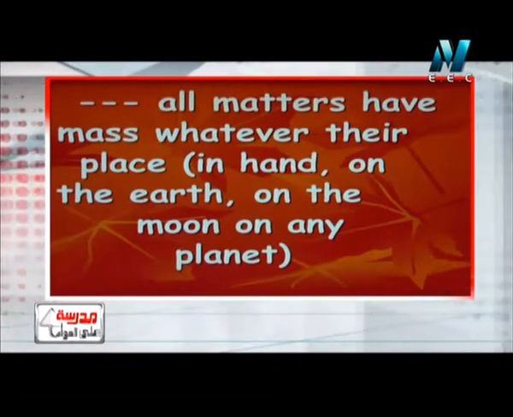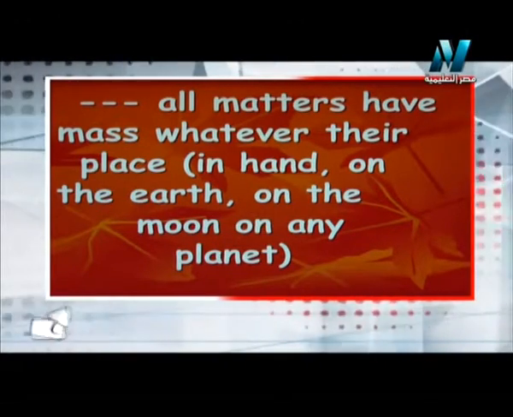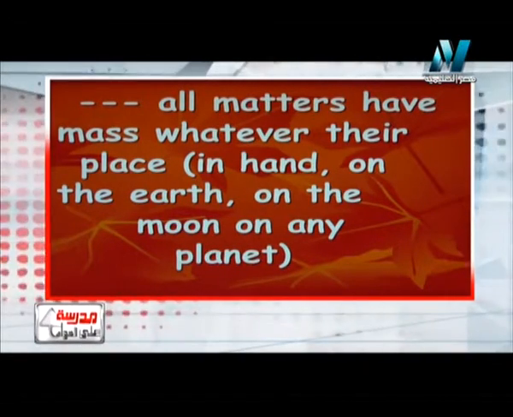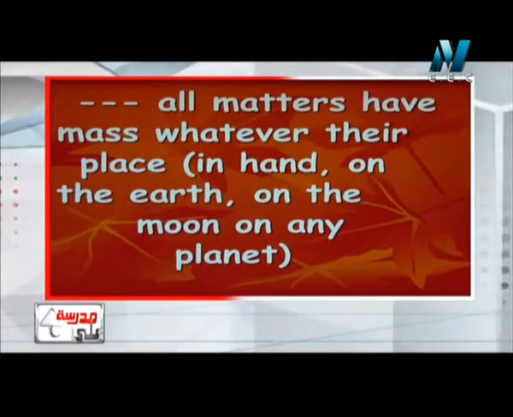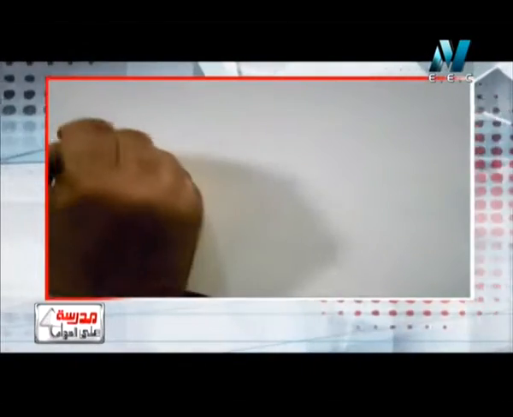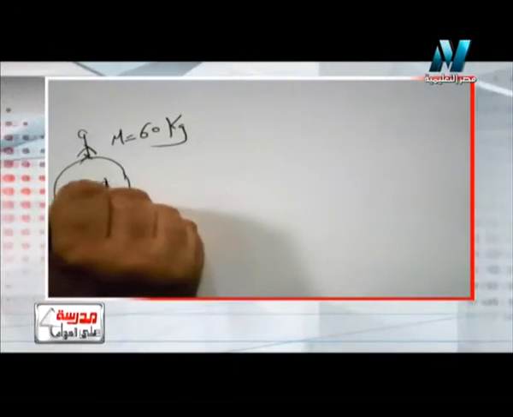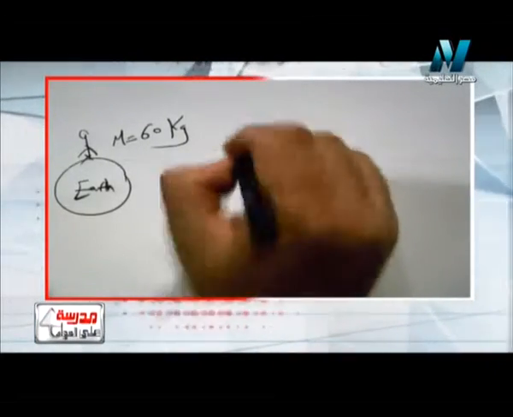Agreed? So mass is related to the amount of matter inside me. Many students ask me, when I go to the moon, I feel my mass gets lighter. No, the mass doesn't change. For example, if a person is standing here on the earth, let's draw together. And this person has a mass equal to 60 kilograms, for example. This person is standing on the earth and travels on a journey to the moon. What happens to his mass? Can you guess, Mr. Yasser?